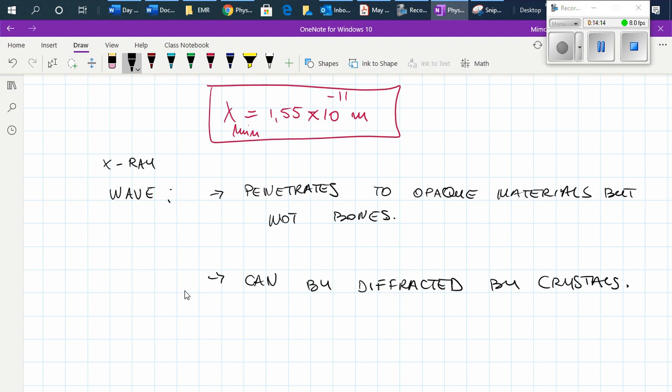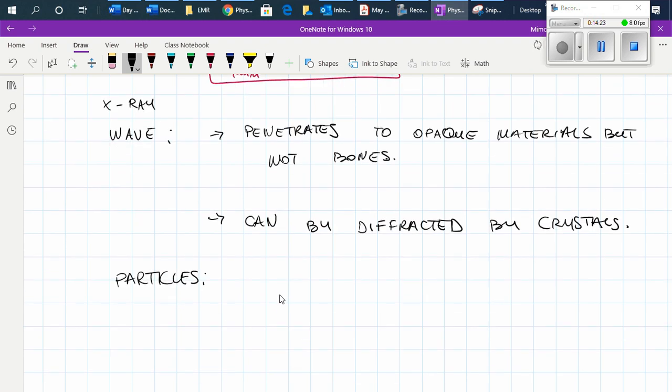Okay, when they are acting as particles, X-rays can ionize gas.